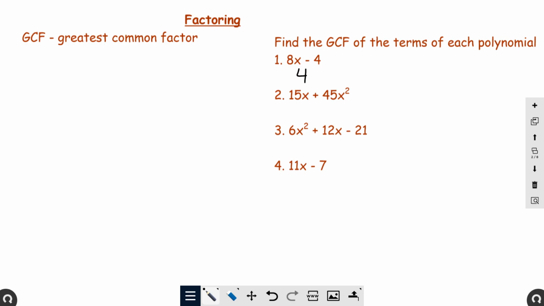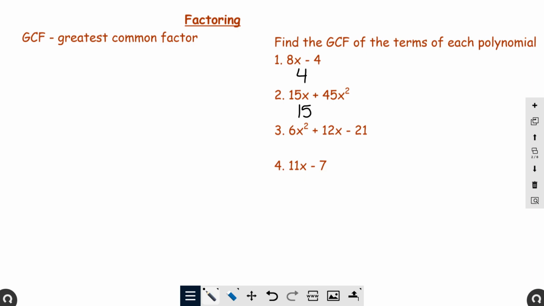All right, let's look at the second problem. We have 15x and 45x squared. Let's start with the whole numbers. What's the biggest number that goes into 15 and 45? 15. Good. Now, do both terms have a variable? Yes. When they both have a variable, you think about how many they share or how many they have in common.